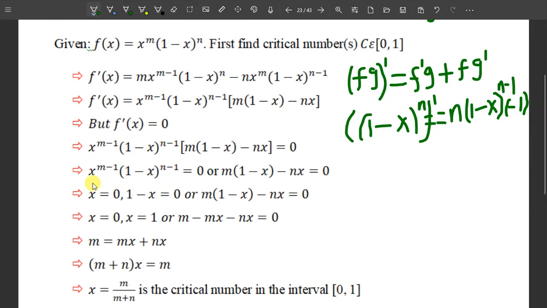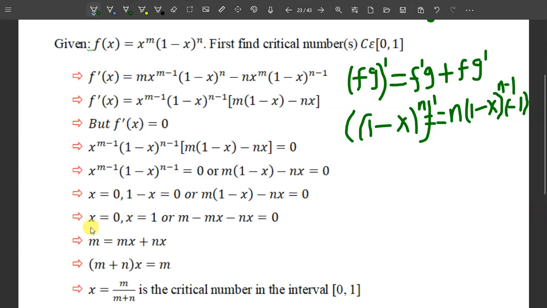From the first equation, we will get x is equal to 0 or 1 minus x is equal to 0, and or m times 1 minus x in bracket minus nx is equal to 0.